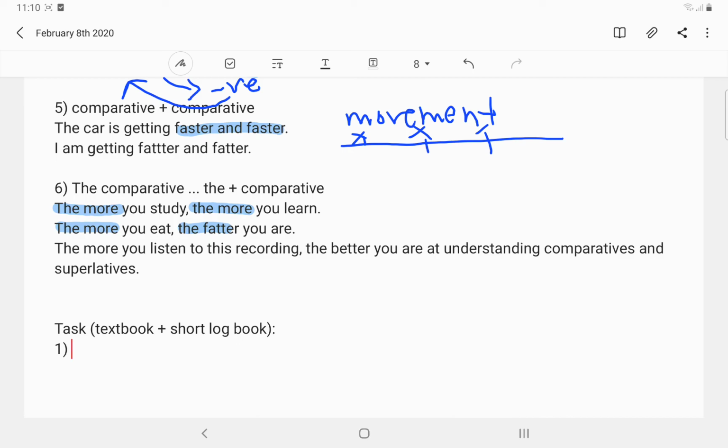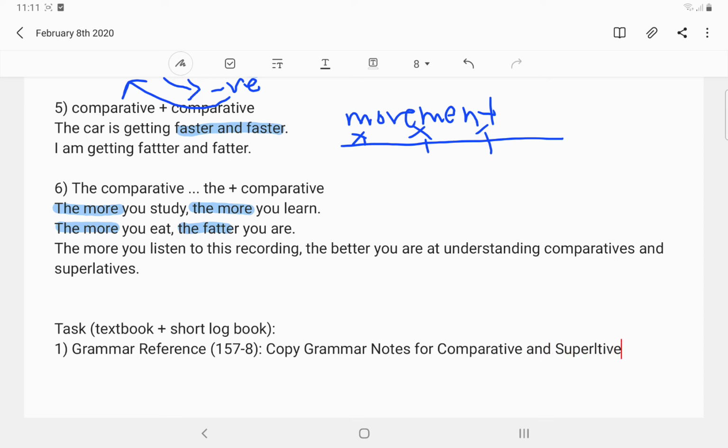Okay, so the first task is that I want you to go to the grammar reference section dalam buku teks you, page 157, 158. I nak you copy the grammar notes for comparative and superlatives of adjectives and adverbs.